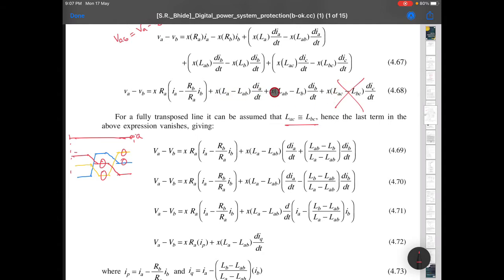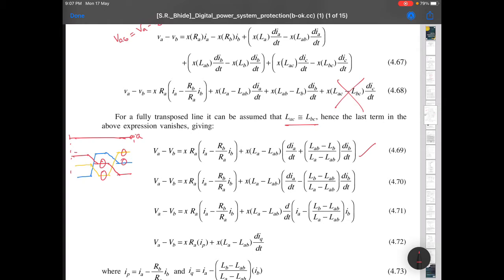The other two terms are written as they are. Here x into LA minus LAB, and here it is not there, so since we have to take it common, we divide by that term. So this di by dt as it is, and this dIB by dt, along with this term we have divided. So we have taken it common.